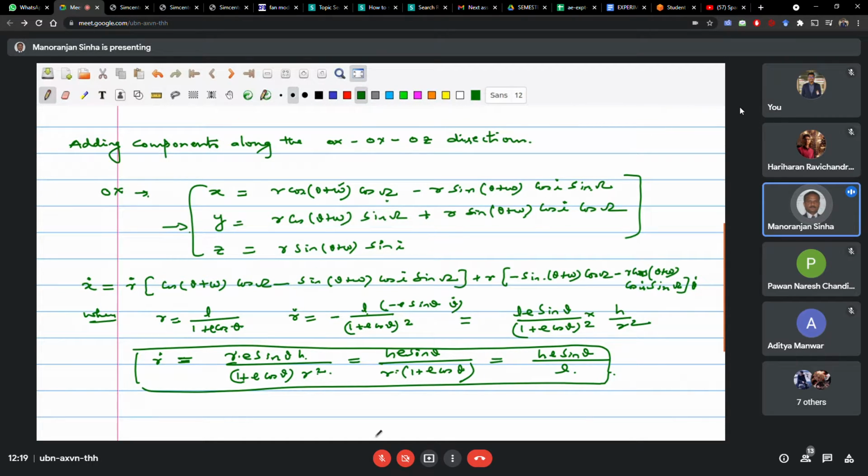Because theta is known, L is known, e is known, h is known, and therefore r dot is known. And r is here known, theta dot is known, so just insert in this equation and the result will be available.